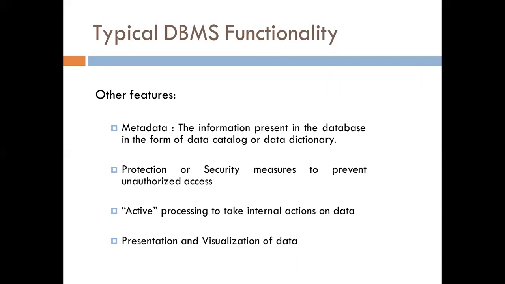So if we have small information about data, that becomes the metadata. Whenever we are collecting student information, we will be collecting the USN, name, mobile number, email ID, maybe followed by date of birth. So these five become the metadata about the student data, or the catalog.